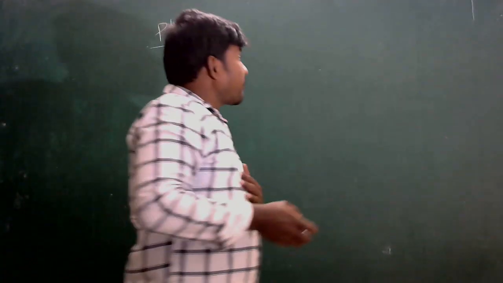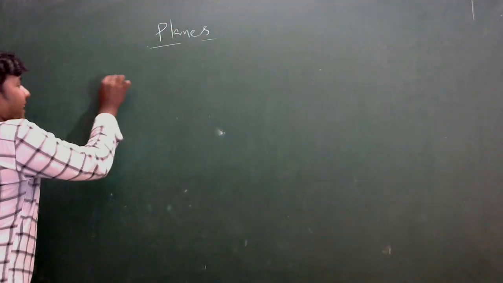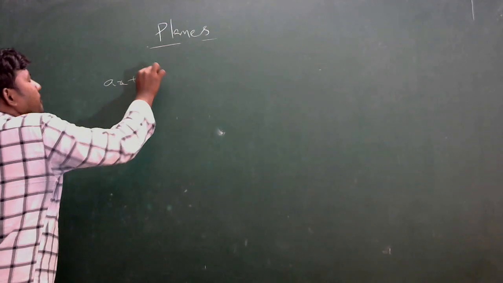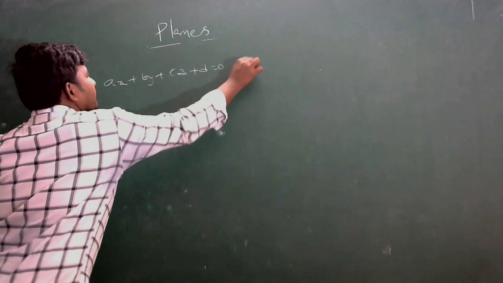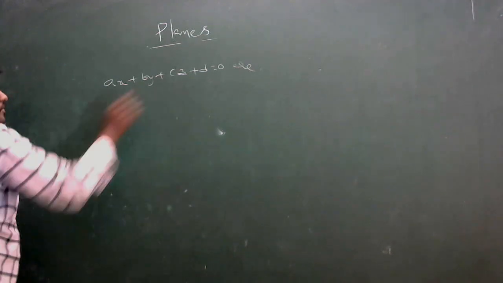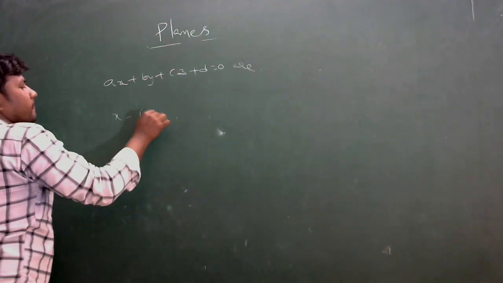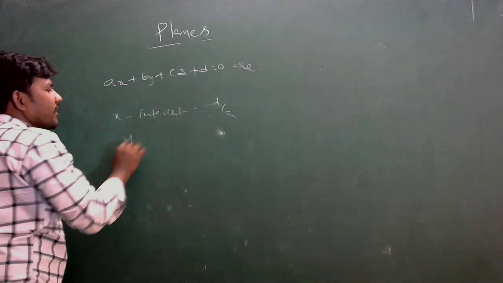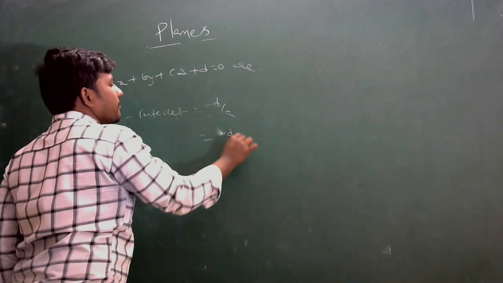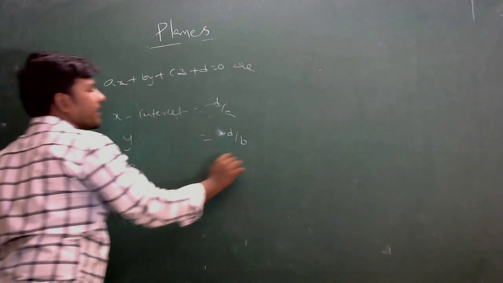The intercepts of the plane ax plus by plus cz plus d equal to 0 are x-intercept minus d by a, y-intercept minus d by b, z-intercept minus d by c.